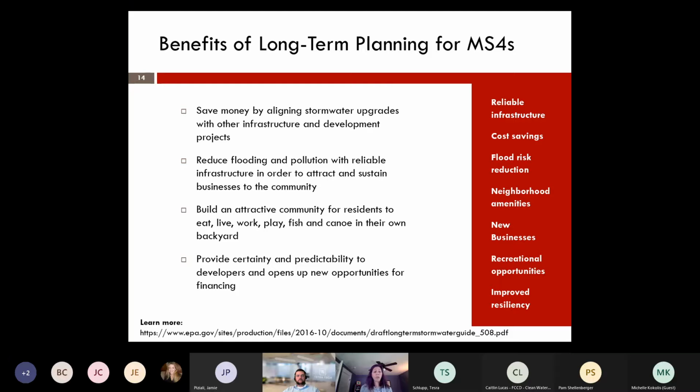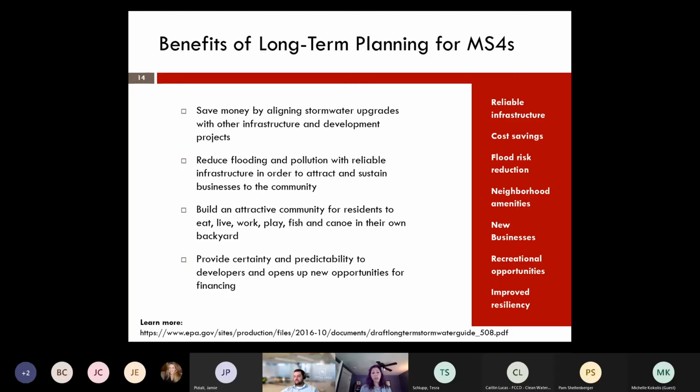Those of you who have thought long-term and have looked across multiple municipalities or watersheds have probably realized that it does save you money when you're thinking long-term. You can reduce the pollution and flooding with reliable infrastructure.